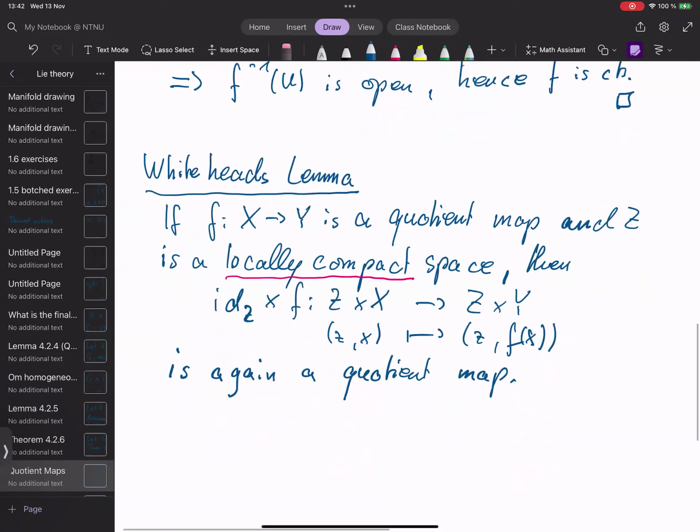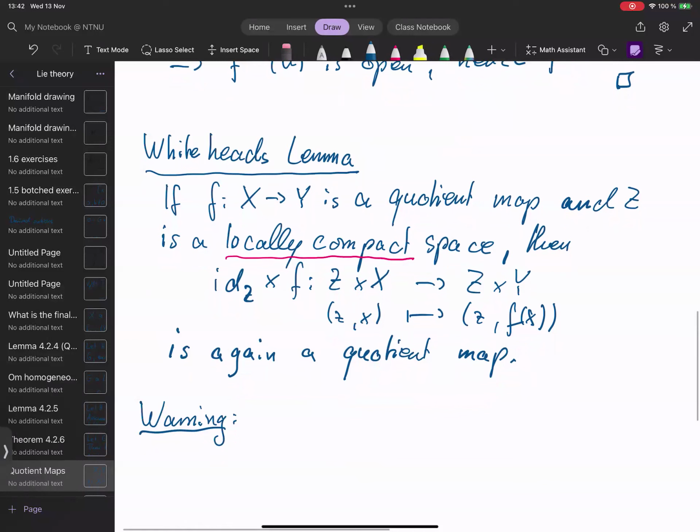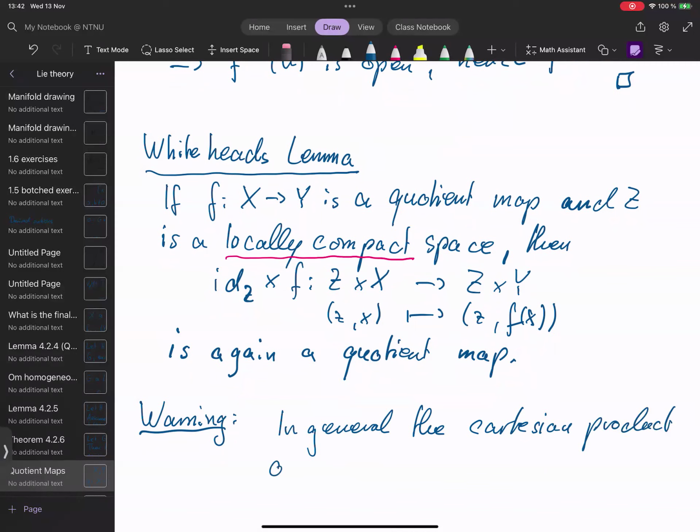There's just one word of warning I want to put in here. It is really important to remember that in general, the Cartesian product of quotient maps is not a quotient map.